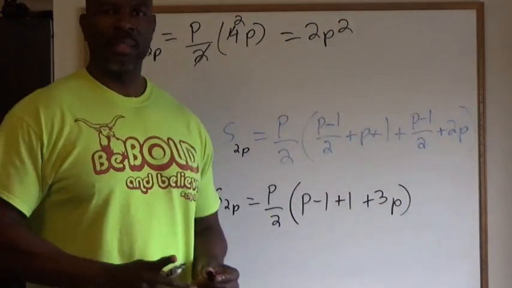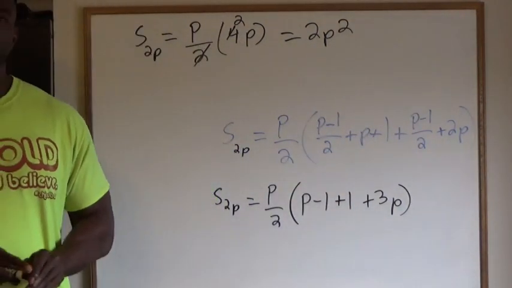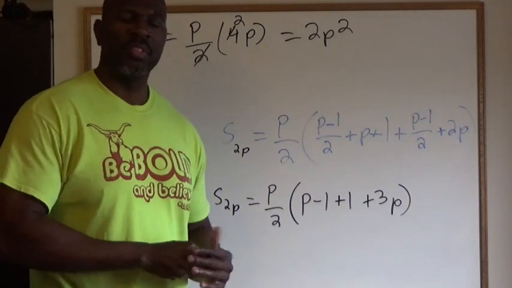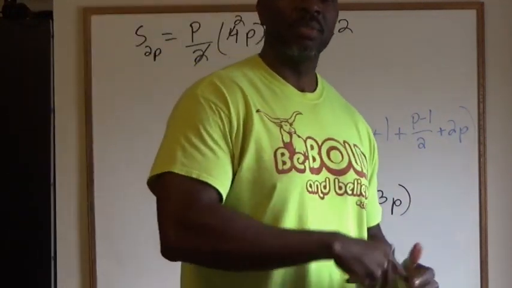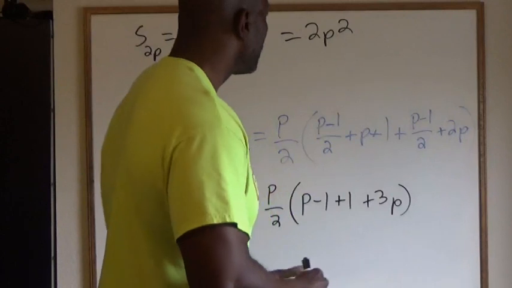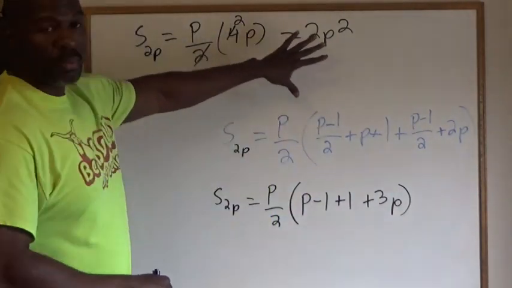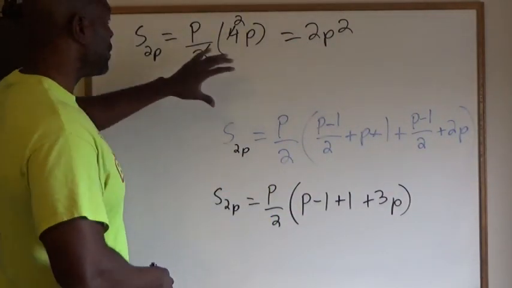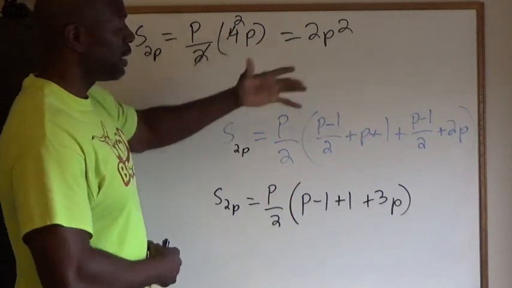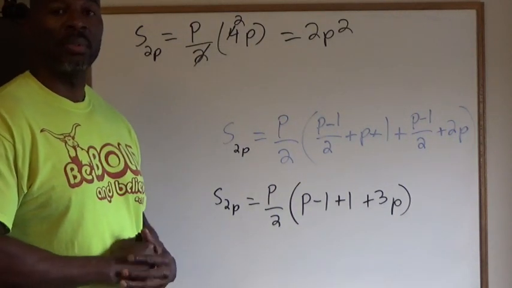So as we expected. Just like we went from 9 to 18, 25 to 50, 49 to 98, we went from p squared to 2p squared. Again, we've demonstrated that works. But again, we've just proved that the sum of the second partition is going to be 2p squared.